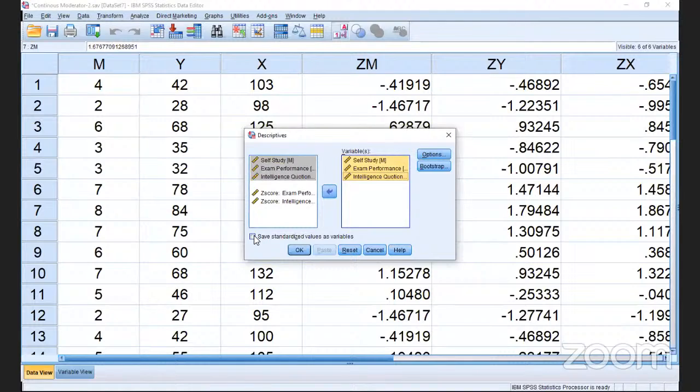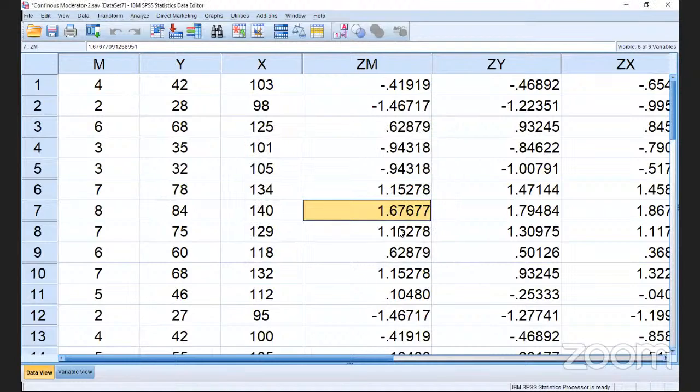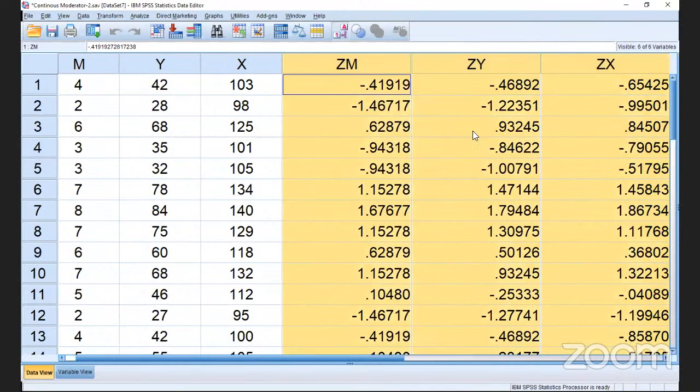Then tick save standardized values as variables. When we click okay, we will get the standardized variables. These are the standardized variables, all three of them.